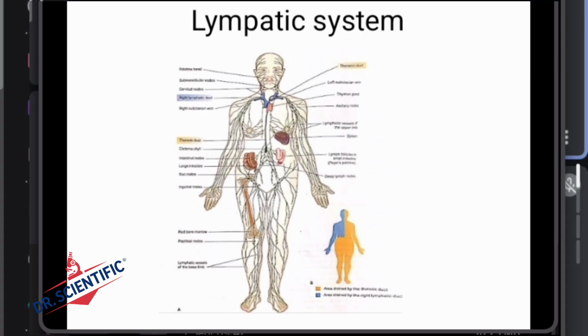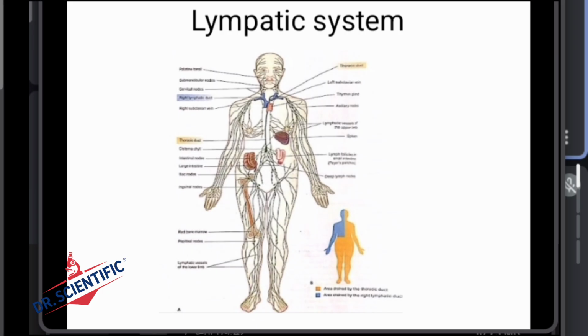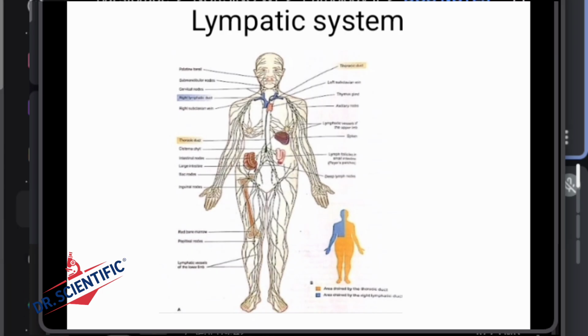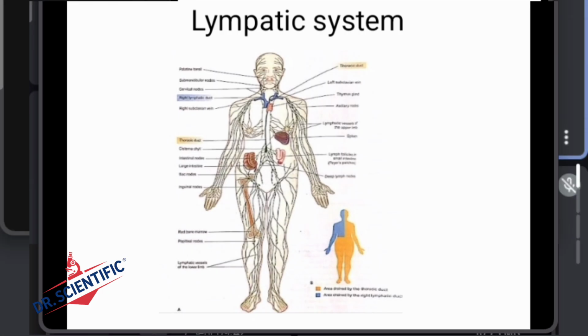So we start with the lymphatic system, which we did cover in Pathology 1, not Anatomy 1, and I suppose even in Anatomy 2. Lymphoid tissues and also the organs that are there.